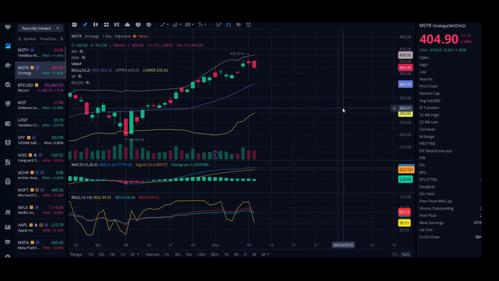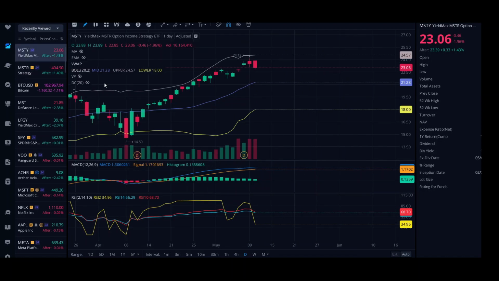If I am bullish on MSTR, or in other words MSTY, then I am looking for those buy points, because I want to buy it low so that I can help to lower my cost average. And that way, when the price rises, overall, my account would show up. But that only really matters if you're looking to sell the shares.